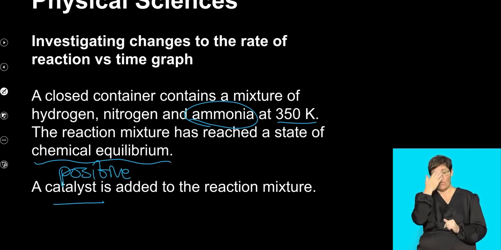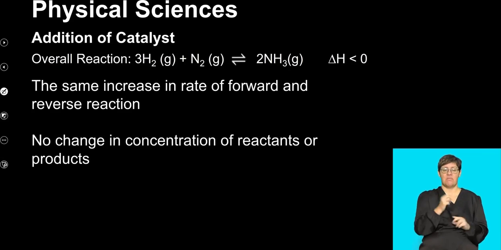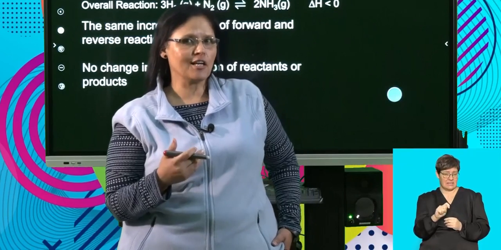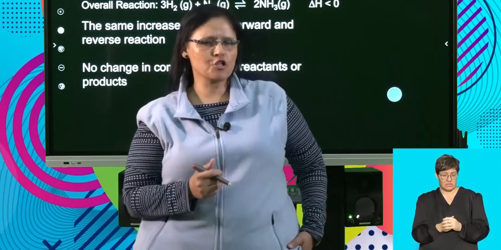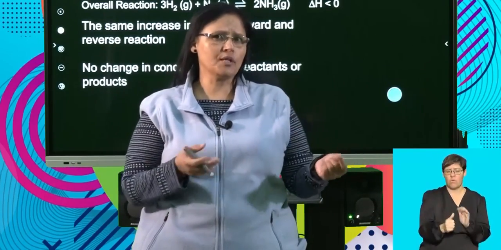We know that a catalyst is a substance that does not take part in the reaction, but it lowers the activation energy. So what will happen to the rate of the reaction? When we add a catalyst, we actually speed up the reaction. So which reaction is sped up? The forward or the reverse reaction?